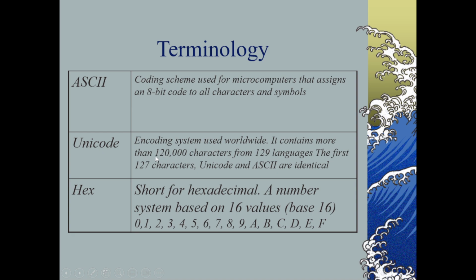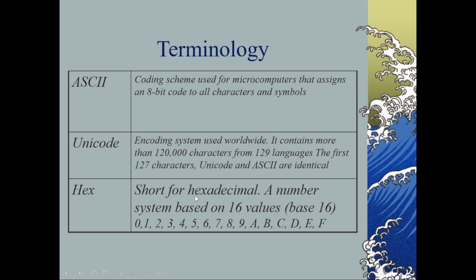I've seen more than 140,000 characters. I've seen 65,000 characters. I've seen over 1 million characters. So I think it probably depends on how they define the number of characters used. But what you need to know is it's used worldwide because Unicode addresses other languages, right?